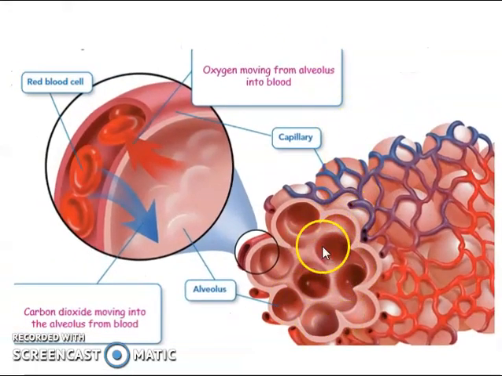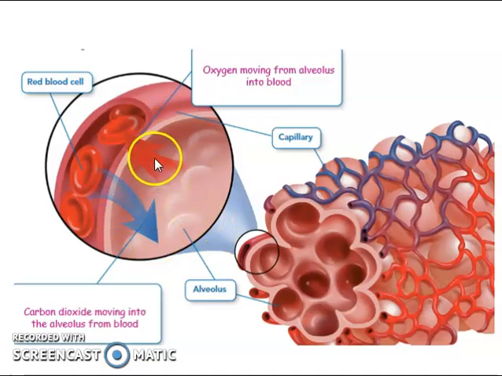So I will go back here. This tiny sac is called the alveoli or alveolus, and this blue and red here is called the capillary. Oxygen moves from the alveolus into the blood. Remember that the capillary is transporting the blood, and the alveolus is responsible for the gas exchange.